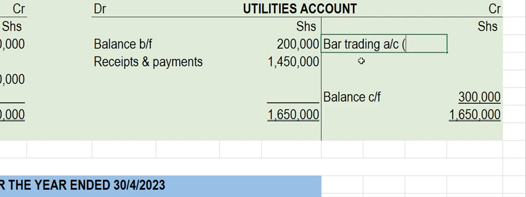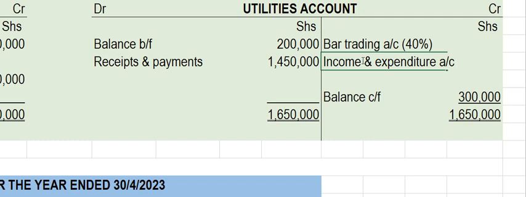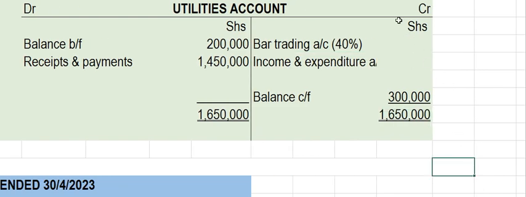And then for the income and expenditure account, you will take the 60% there.